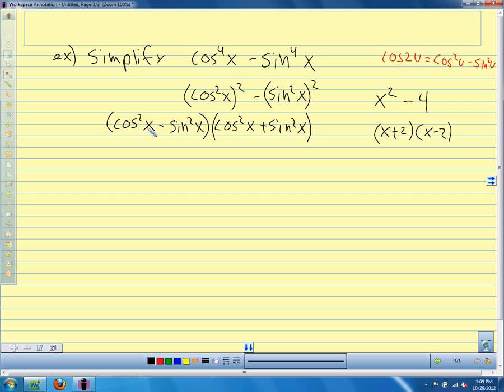Well, what's cosine squared x minus sine squared x? Cosine 2x. What's cosine squared x plus sine squared x? 1. So this equals cosine 2x. This simplifies to cosine 2x.